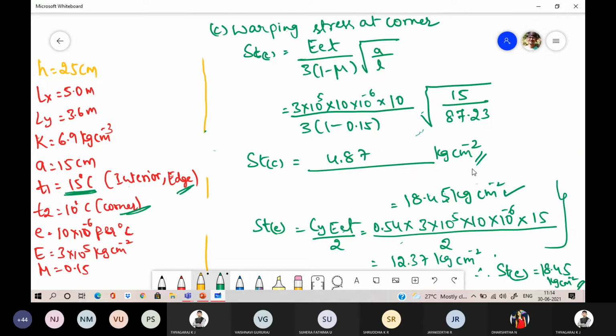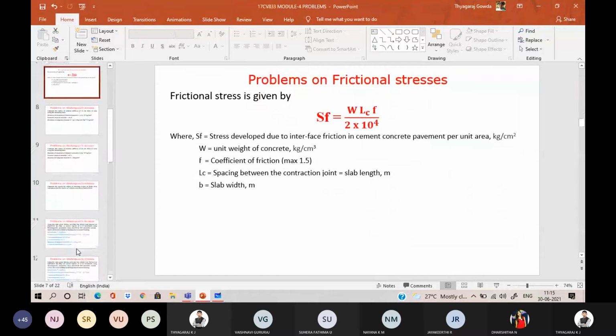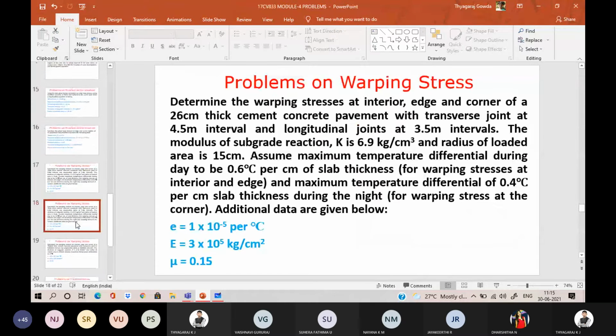Completed? Shall we go for the next problem? Okay, note down this problem.